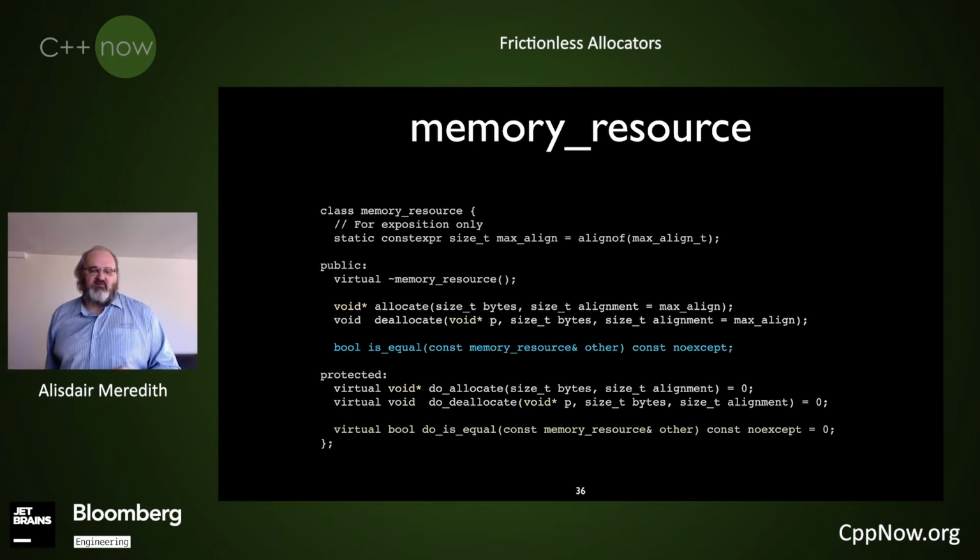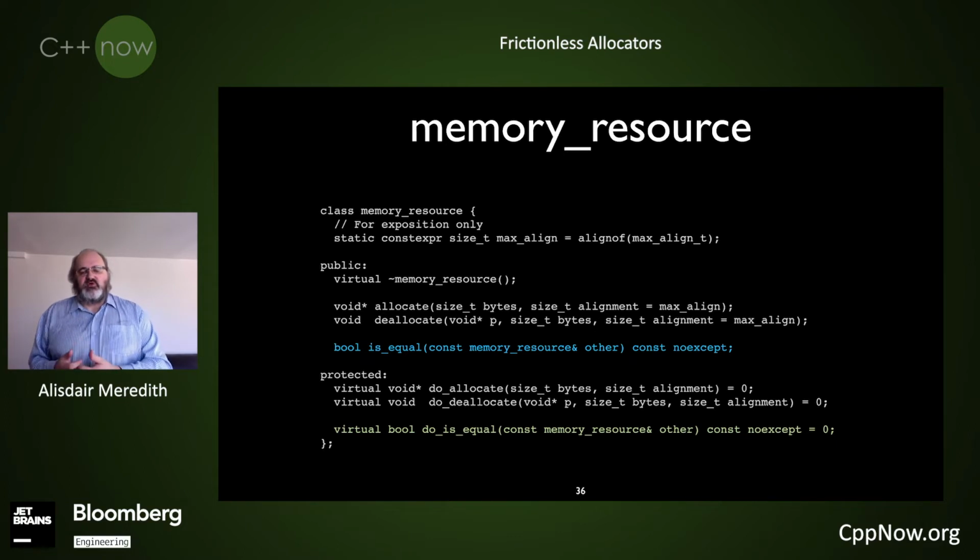Finally, we have the is-equal function, which says, are these two memory resources interoperable? Can they exchange memory that has been allocated by one through the other? Typically, that's just the identity question, are they literally the same object, which is the most common metric for whether two memory resources can interoperate.